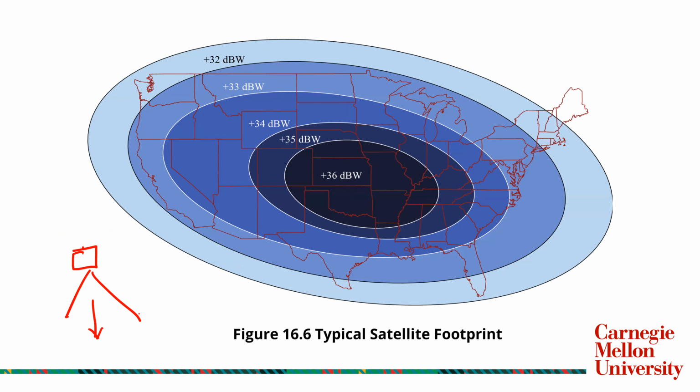When we study antennas, this will be clearer to you. But because the satellite is suspended so far above the Earth, the loss is not so significant. Right in the center, there is probably 2 or 3 dBs compared to the outer edge of the footprint.